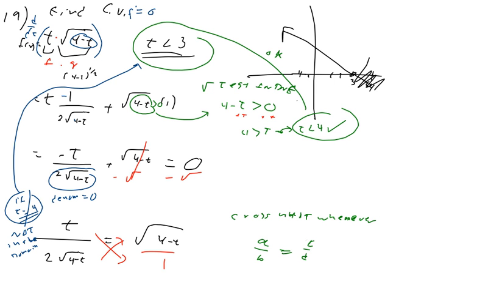So I don't need to worry about t being 4. I don't need to worry about this denominator being 0 because it's not going to be part of the solution. We have all the values less than 3. But it's good to be aware of it.